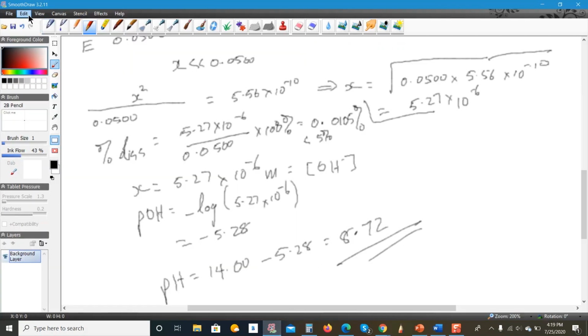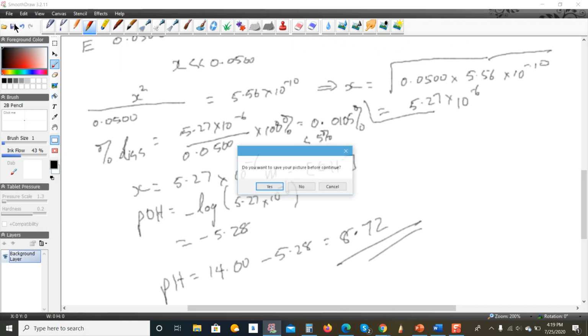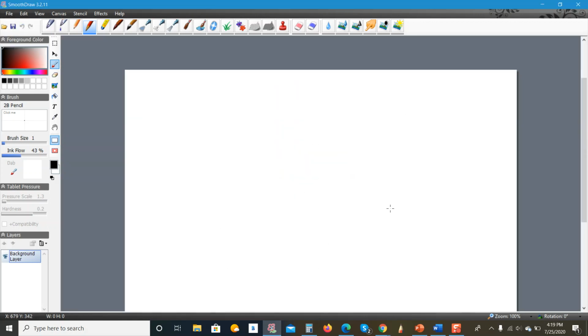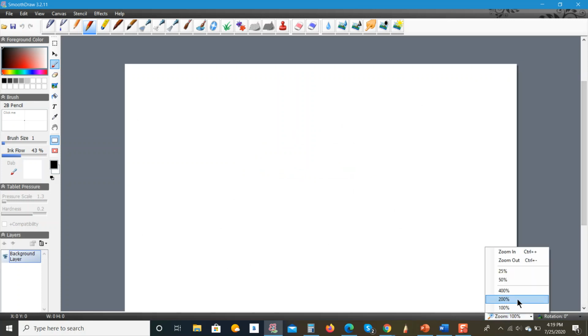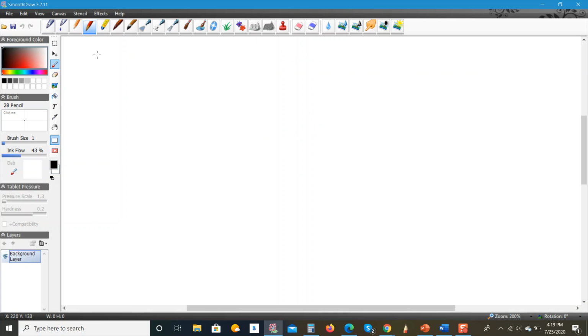So let me go back to here. Okay, so the first thing I'm going to mention here is that at this point, the volume of NaOH added will be equal to 500.00 mL, all right?